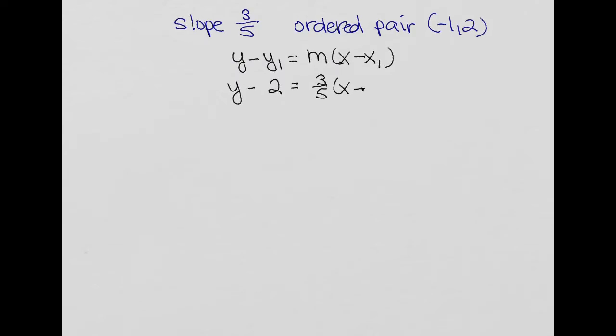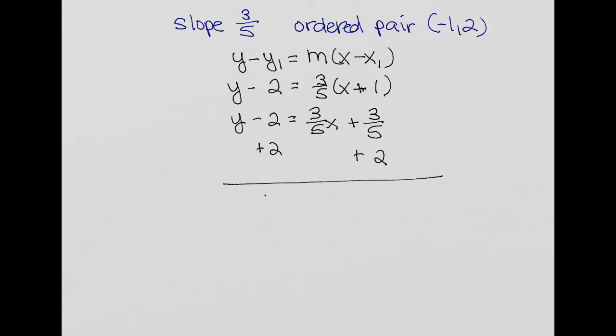When it's minus a negative, it's going to be plus. I will distribute. So 3/5 x times 1 is 3/5. And then we're going to add 2.